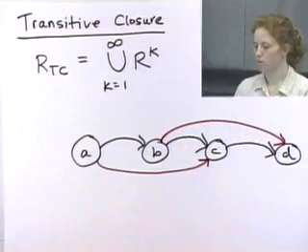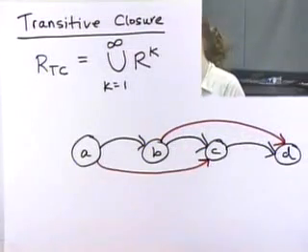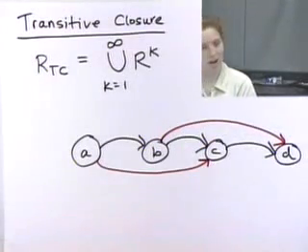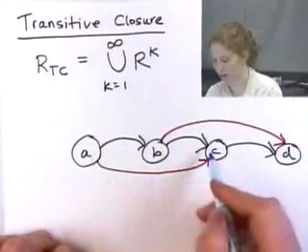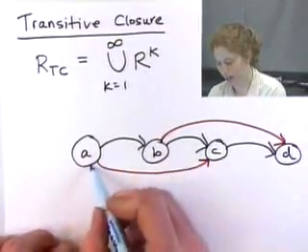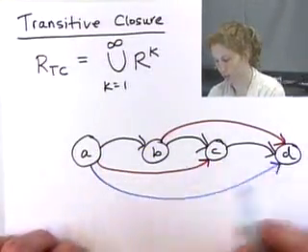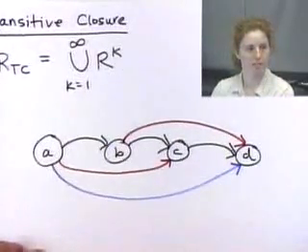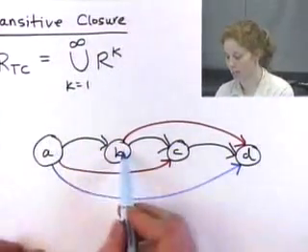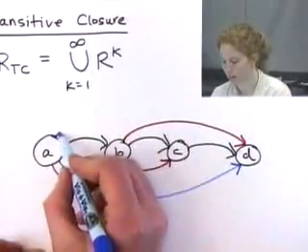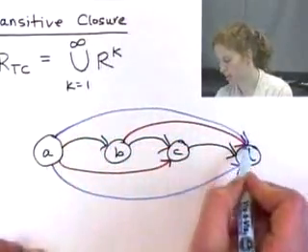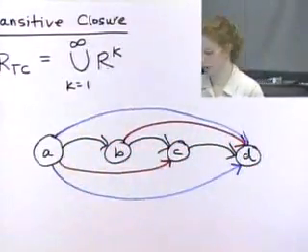And A to D. But then after I add that, now I have A to C and C to D, so I need to add AD. But since I have A to B and B to D, I need to add A to D, but that ended up being the same thing, right?